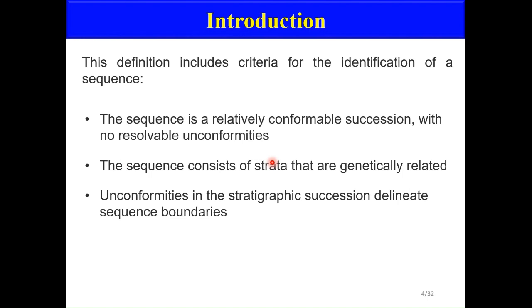Within the strata, one criterion is that there are no resolvable unconformities within one systems tract. Another criterion about a sequence package is that the strata within the sequence must be genetically related.